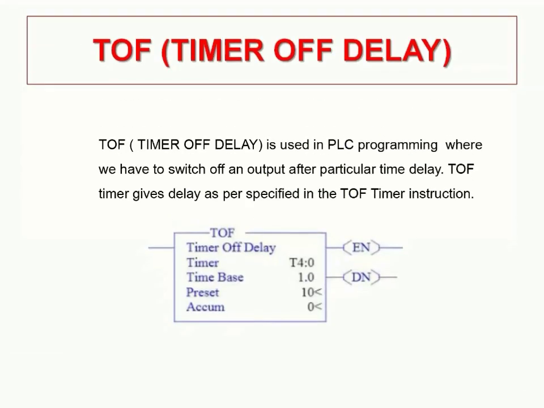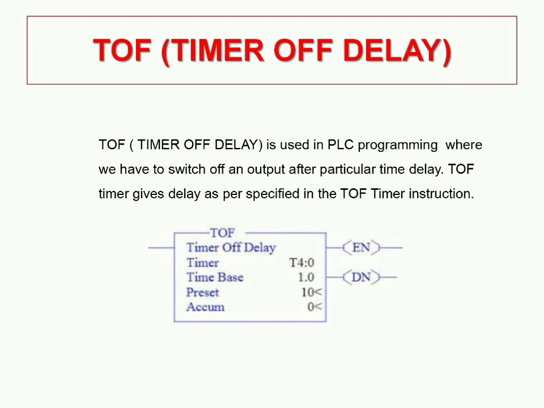Hello viewers, welcome again to this new PLC tutorial session. In this session, I will cover timer off delay, TOF timer. So let's start with the TOF timer. As you can see on screen, the TOF timer, the timer off delay, is used in PLC programming where we have to switch off an output after a particular time delay.